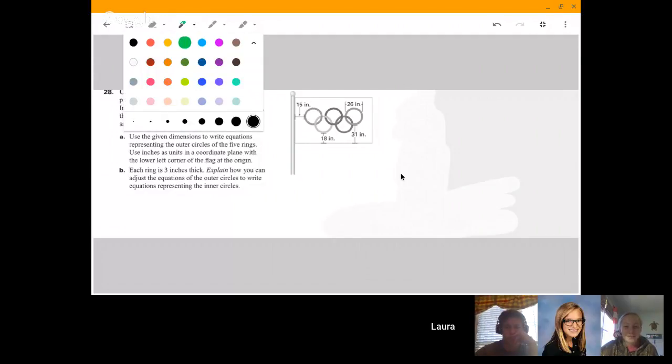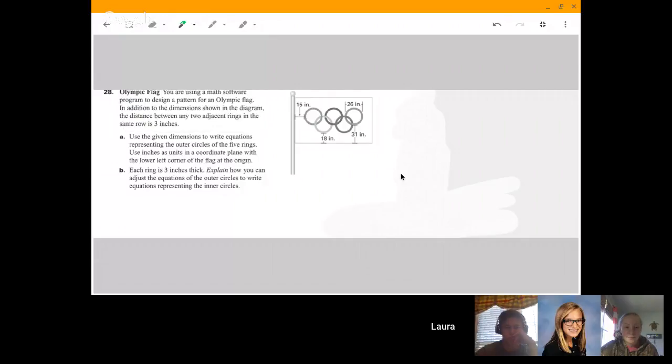All right, so you're going to design this flag. The distance between any two adjacent rings in the same row is 3 inches. So what that's saying is, make it a little bit bigger. Maybe that'll help. Can y'all see the problem?